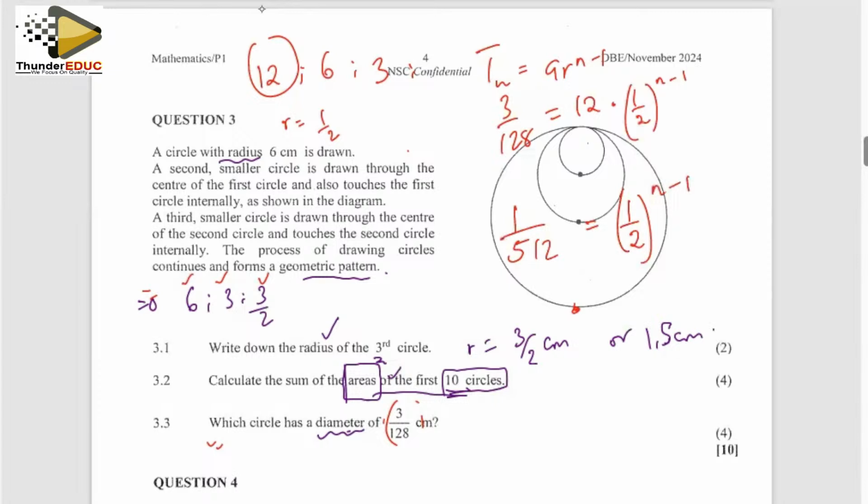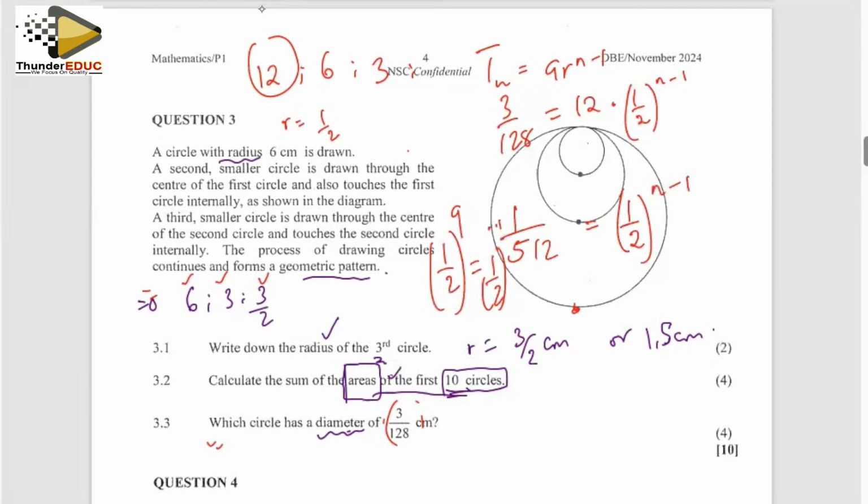All right, so what I can do, I can use my laws of exponents, okay? If I change this to a half, what is 512 in exponential form? It is 2 to the 9. Okay, so 1 over 512 is the same as 1 over 2 to the exponent of 9, and the other side is 1 over 2 to the n minus 1.